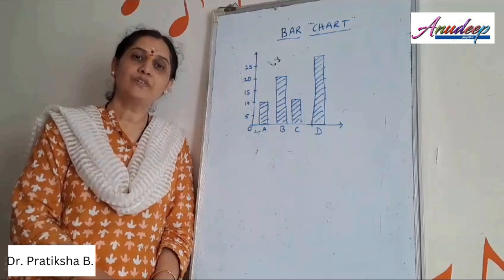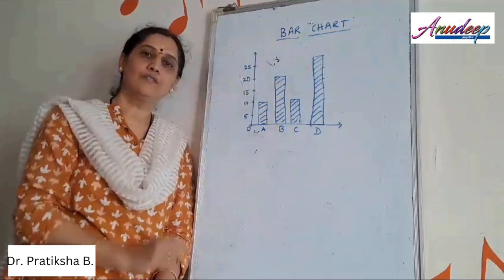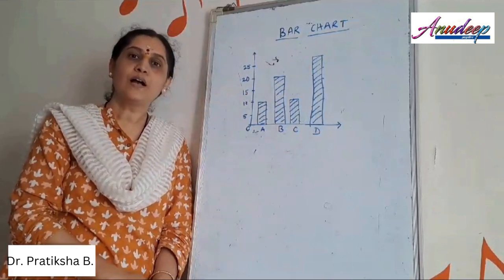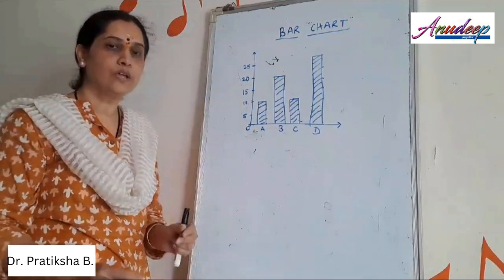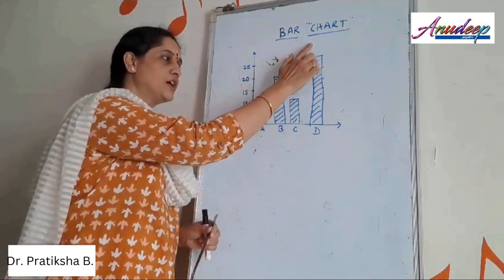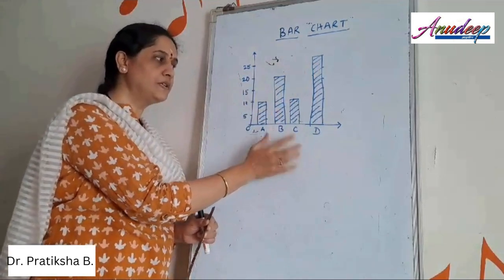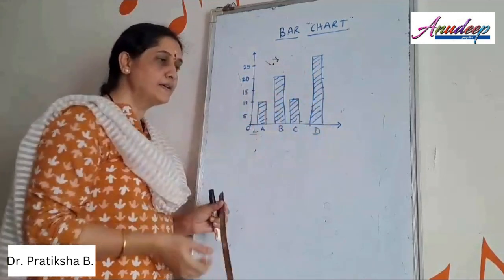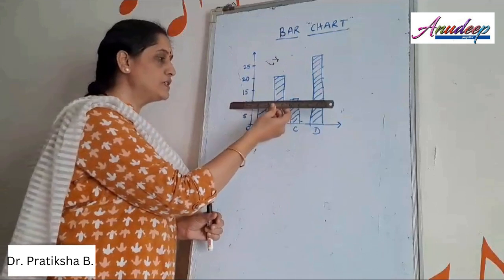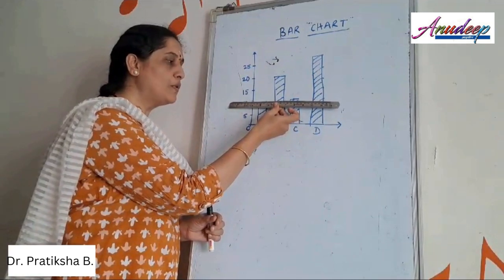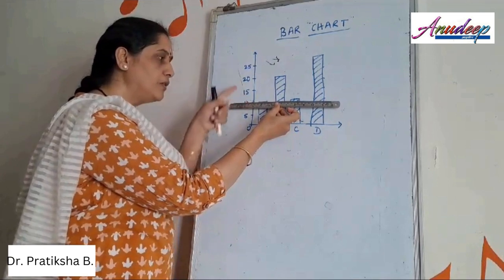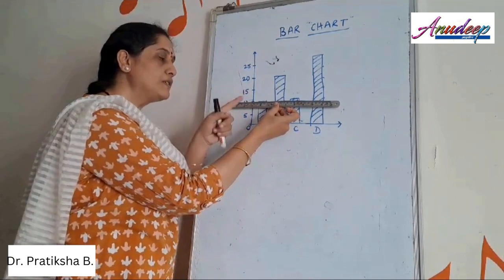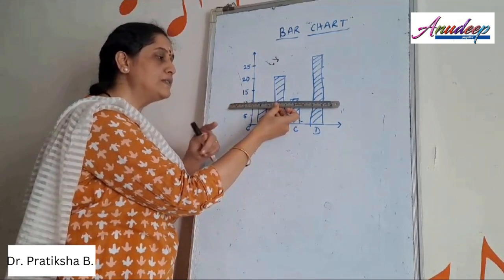So today we have discussed the bar chart. We have discussed a few tricks. I hope that is very much clear to you. Just to recap, when you have a bar chart and the data is represented in the form of different bars, the easy trick is to put a scale on the top of the bar, and the corresponding number on the y-axis will indicate the frequency or the data it is representing.